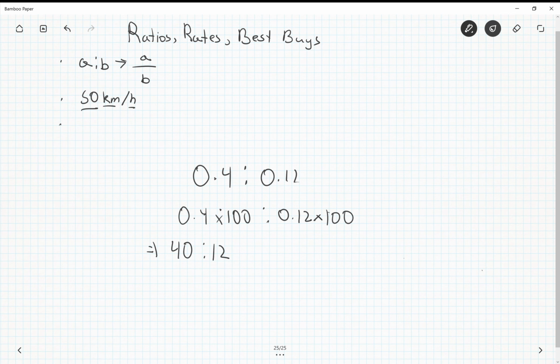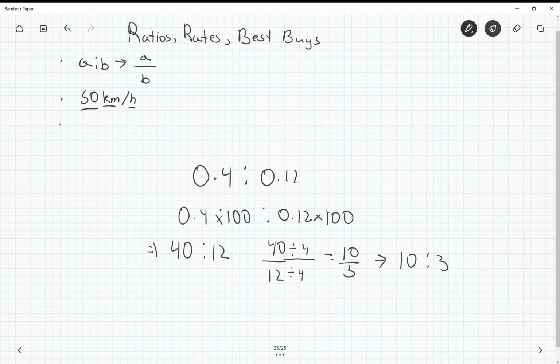Once again, we can put this into a fractional form, and that would equal 40 over 12, and we can see that both of these numbers can be divided by 4. And if we divide both sides by 4, it would equal 10 over 3. Now we don't find any more factors that both of these can be divided by, so we convert it back into a ratio, which would then equal 10 is to 3.